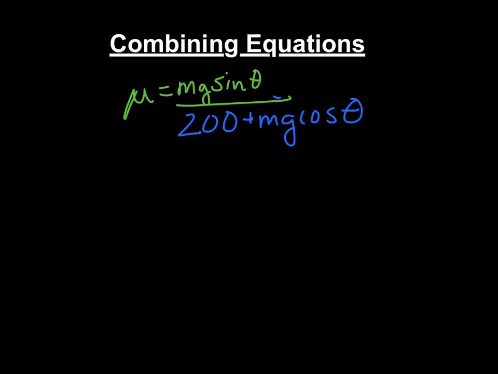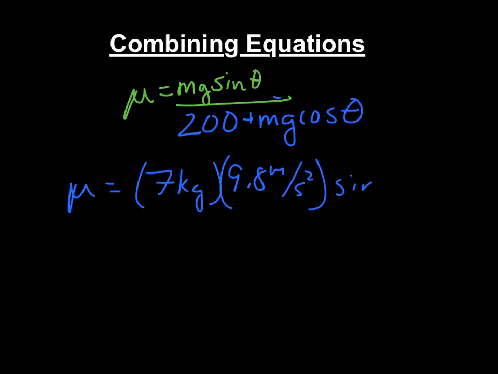So all I did here was combine my expression for mu and my expression for N. If we plug in our numbers, we get mu equals 7 kilograms times 9.8 meters per second squared times sine 35 degrees. No, actually, hold on, not all over the whole thing.